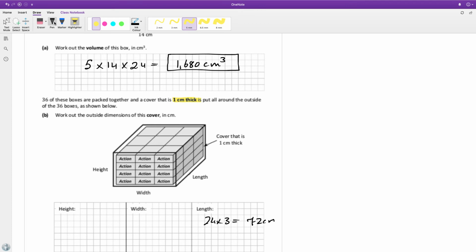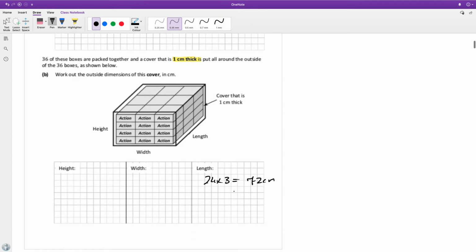You add on 2 centimeters. Which is? 74 centimeters.